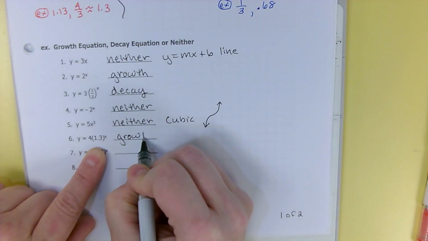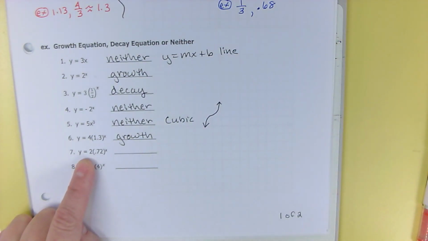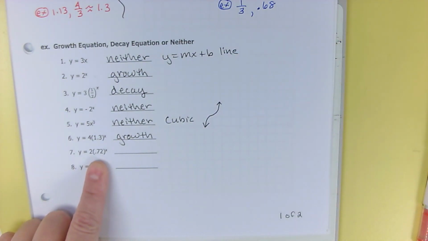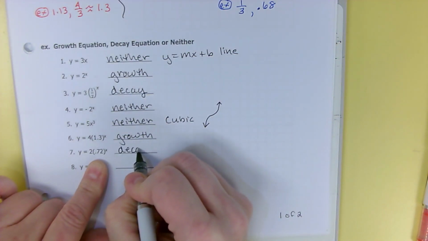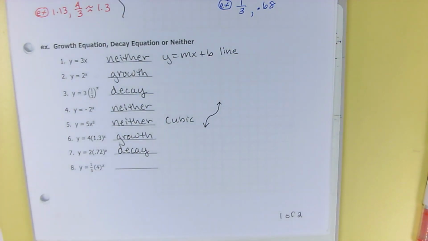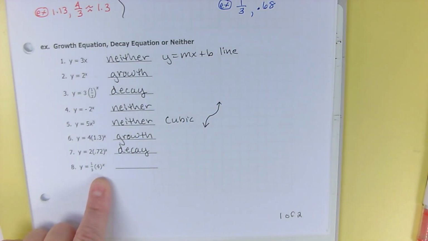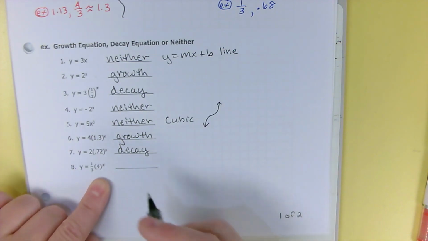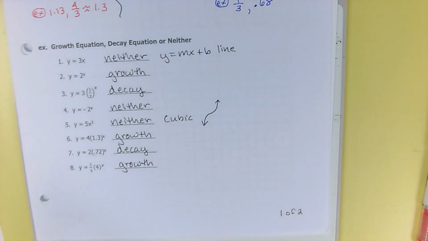Okay, number 7, the initial value is 2. The base is 0.72. 0.72 is less than 1, so this is decay. And the last one, the initial value is 1/3. The base is 4. 4 is bigger than 1, so this would be growth.